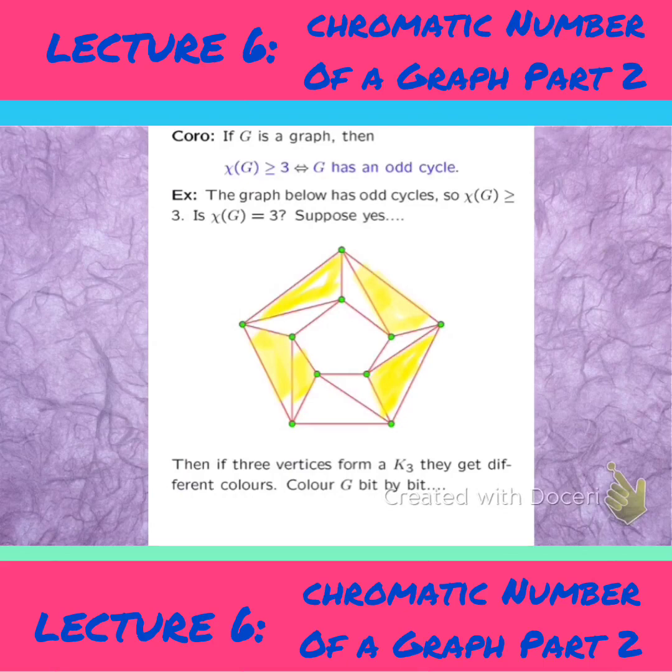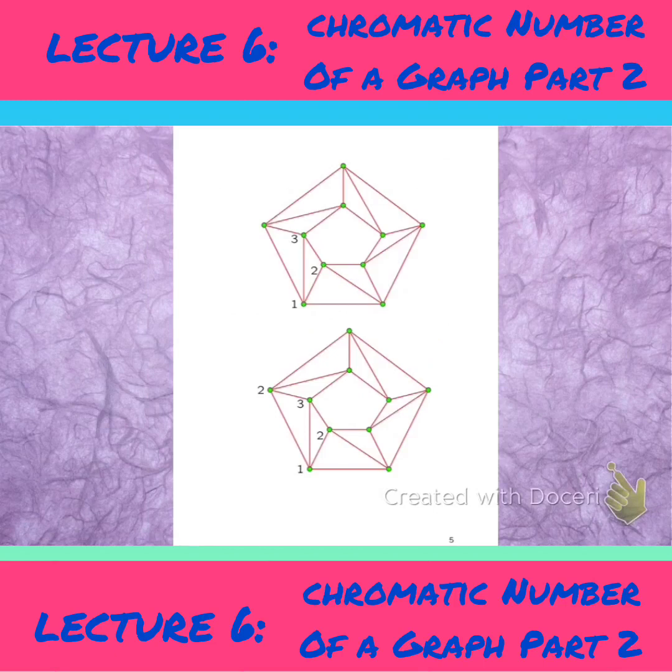So we can color this graph strategically, bit by bit. There we start. We start with that cycle C3, and then we move on to this C3 here. This C3 here, we need to color it that way. We don't have any other options.